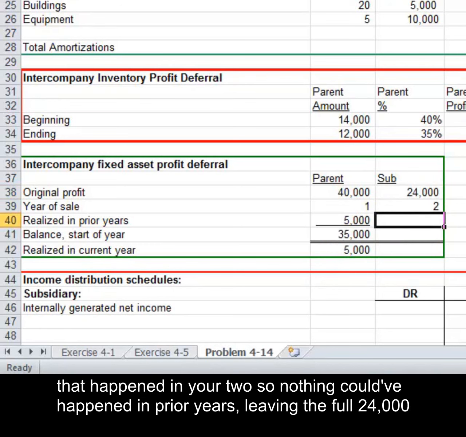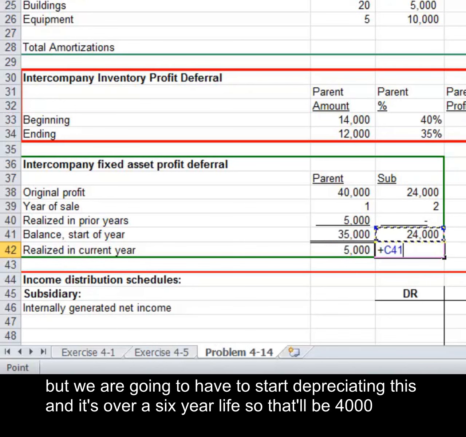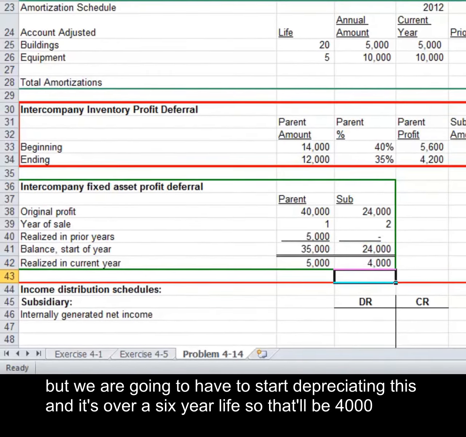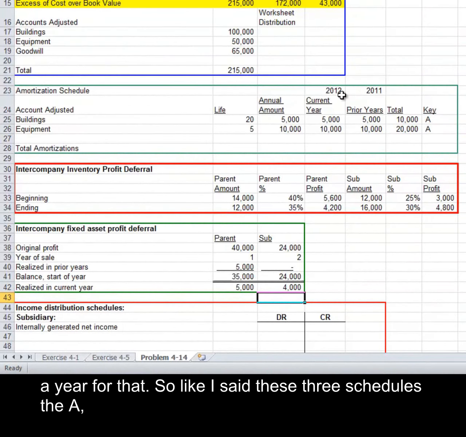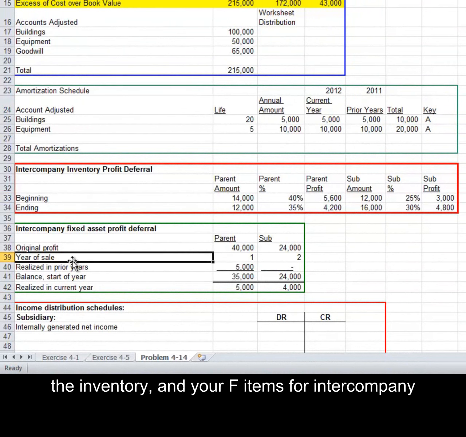That happened in year 2, so nothing could have happened in prior years, leaving the full 24,000 as a gain that we're going to have to eliminate. But we are going to have to start depreciating this, and it's over a 6-year life, so that'll be 4,000 a year for that.